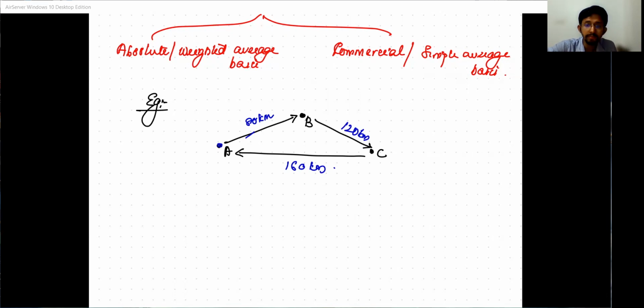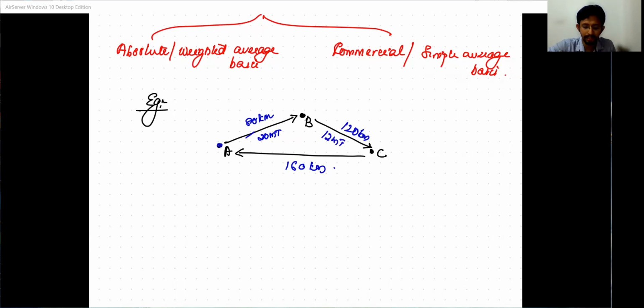So when the lorry continues from B, its load is only 20 minus 8, that is 12 metric ton.